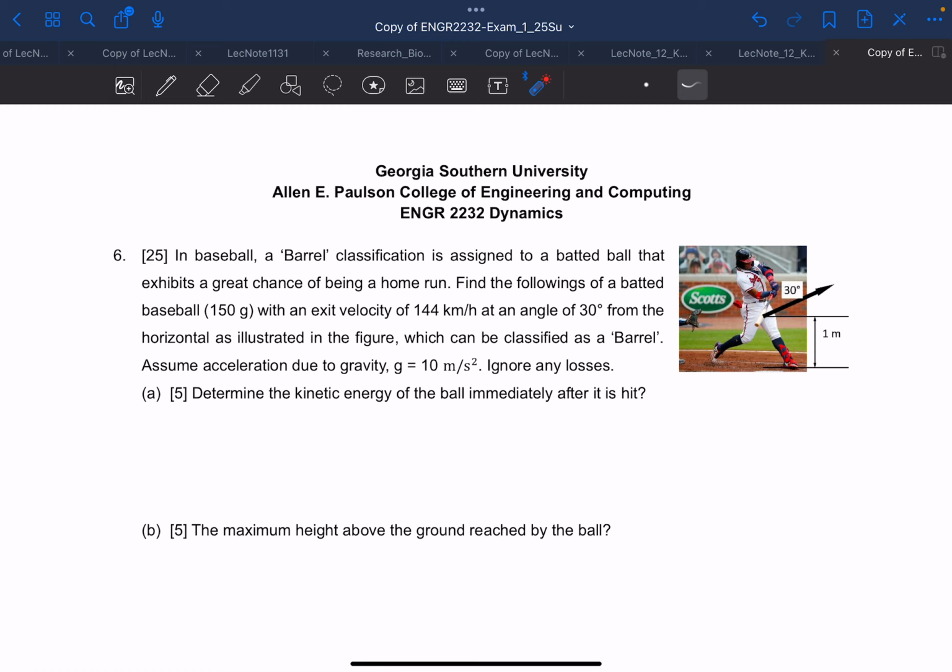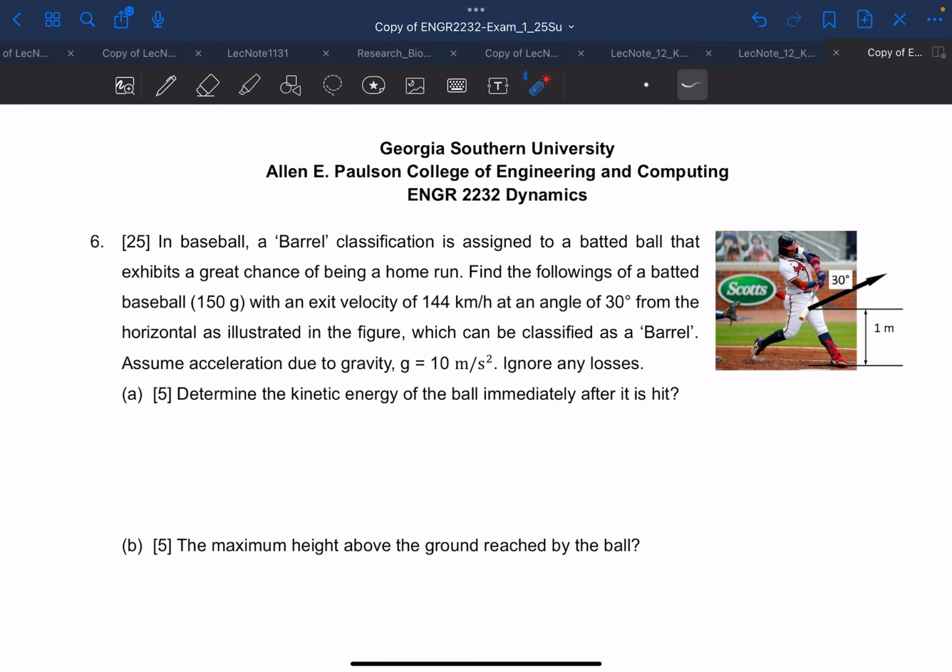And this one is also similar to that boy kicking a ball in the textbook, and then it hits the ground, right? Instead of a kid kicking the ball, now there's a baseball player hitting a ball. There's this barrel classification, baseball savant, or those stats they use, and it exhibits a great chance of being a home run.